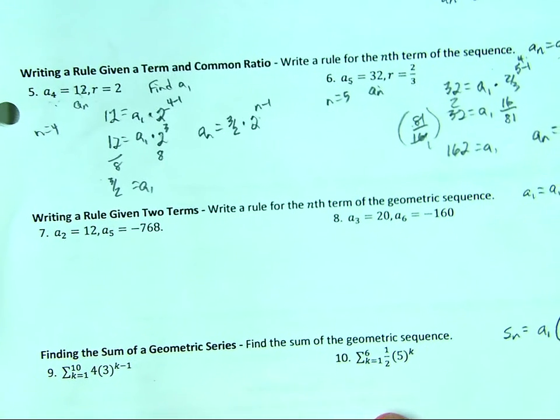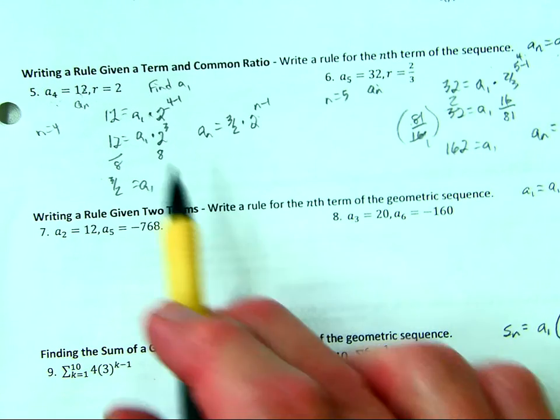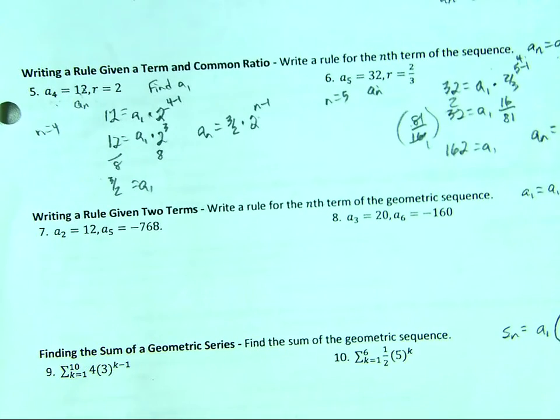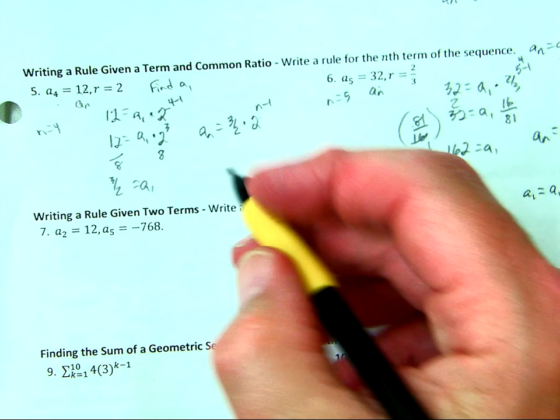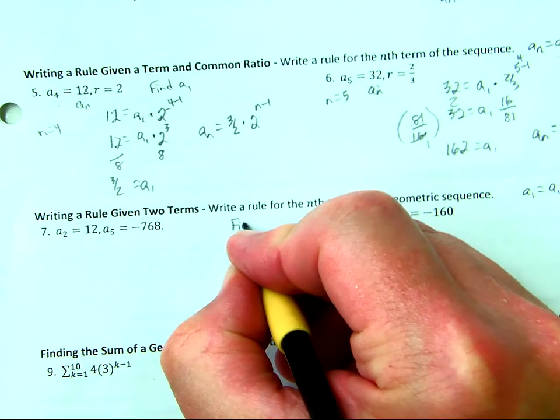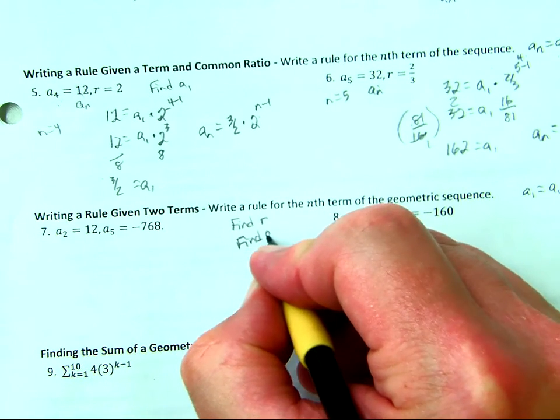All right. Now, the next one is if you're given 2 terms. Before, they gave us 1 term and the common ratio; here all they give us is 2 terms. So we have to find 2 things. We need to find the common ratio, r, and then we need to find a sub 1.